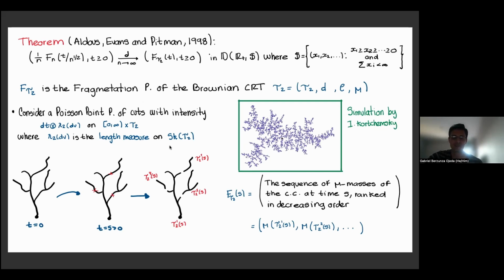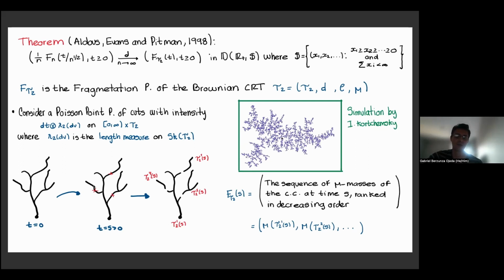Even though I won't define it formally, you can think of it as the edges of this continuum tree. A way to think about the length measure is as the equivalent of the Lebesgue measure on this metric space, the measure induced by the distance.